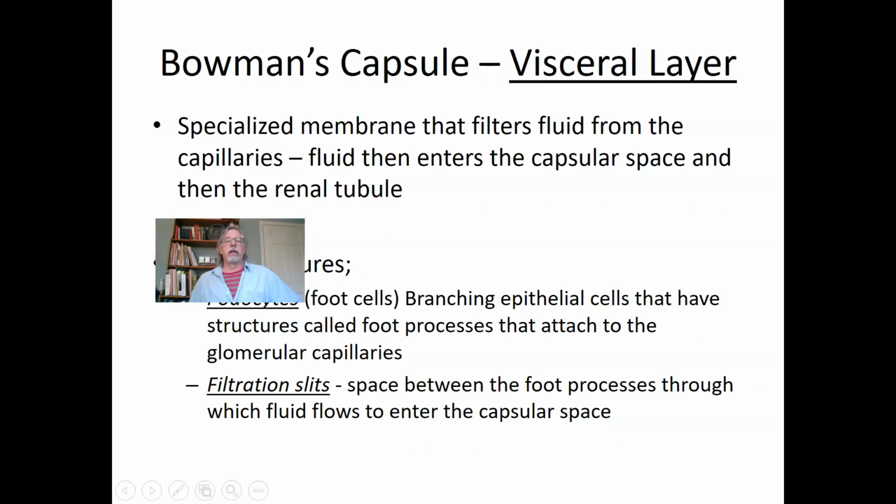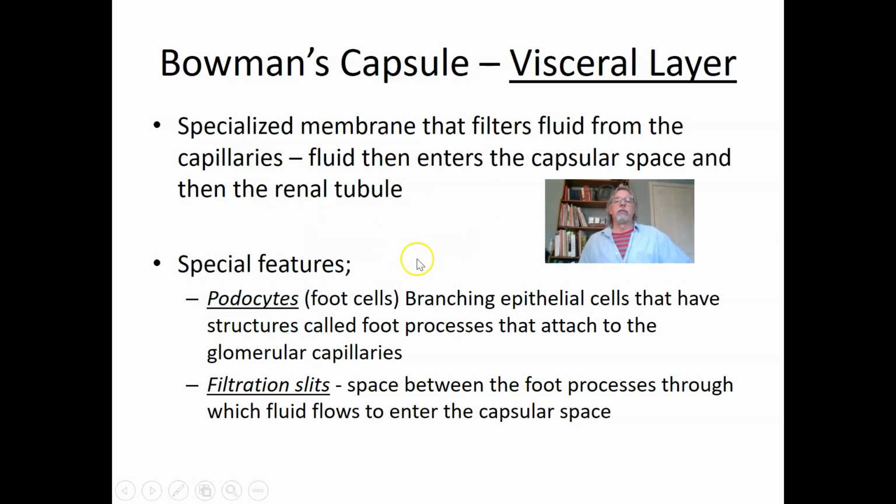Now, the visceral layer is important for filtration of blood coming out of the glomerular capillaries into the capsular space. So the podocytes, which latch onto the surface of the capillaries, have these foot processes that interdigitate. From neighboring cells, they interact, and they mostly interdigitate, but they create these fine spaces between the foot processes.